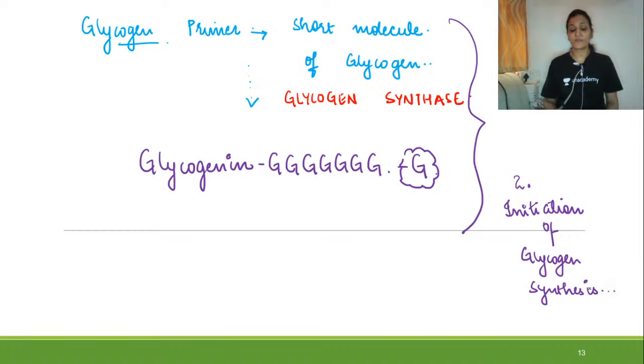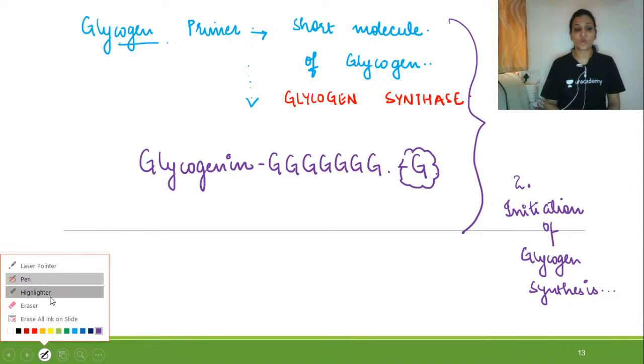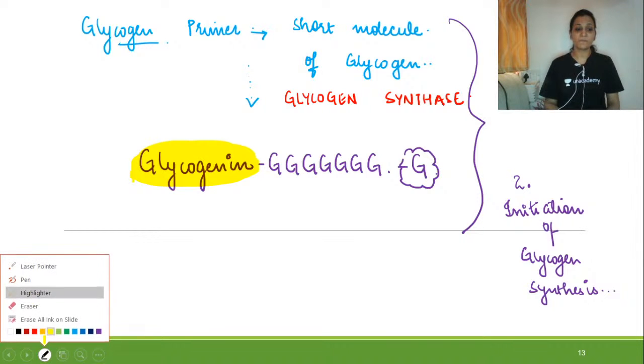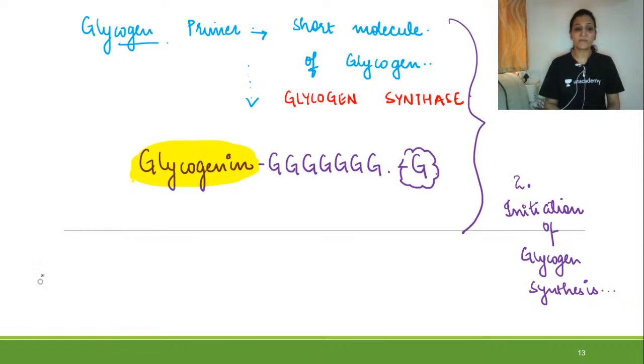If the glycogen primer is absent, there is another substance, glycogenin, to take up the process. Whenever we study glycogen synthesis anywhere, it will be in terms of glycogenin. So what is glycogenin actually?